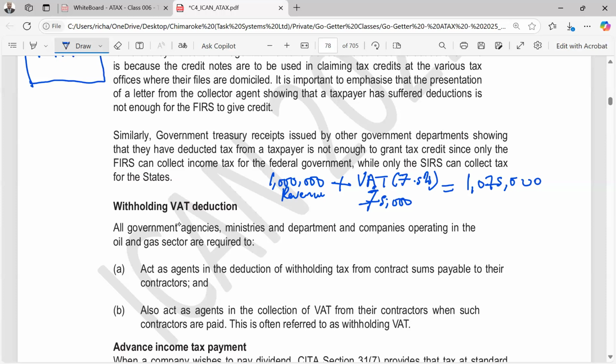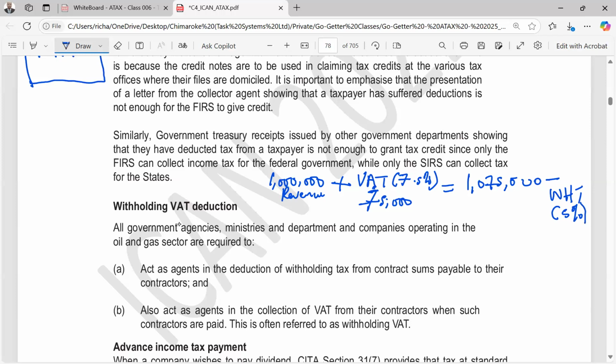Sorry, the class is a bit slow because of the way my pen is moving. Now, when the government wants to pay you, they will remove withholding tax. So let's say minus withholding tax. Now, this is a contract for supply. We say it's 5%. Now, this 5% is on your revenue, not on this.